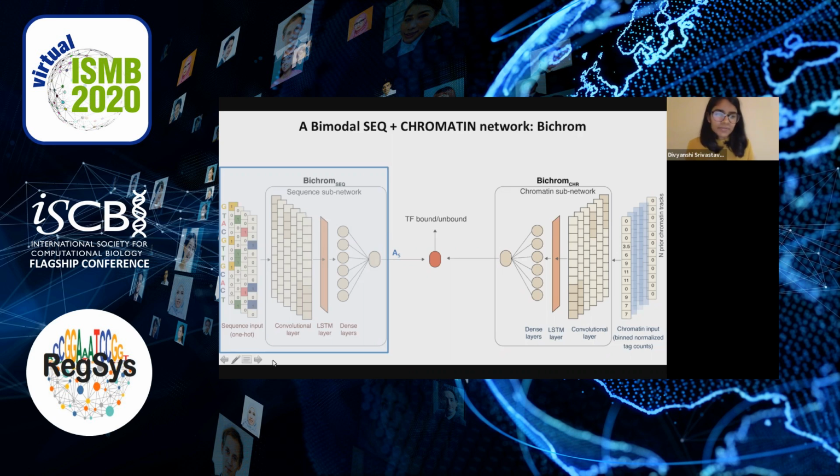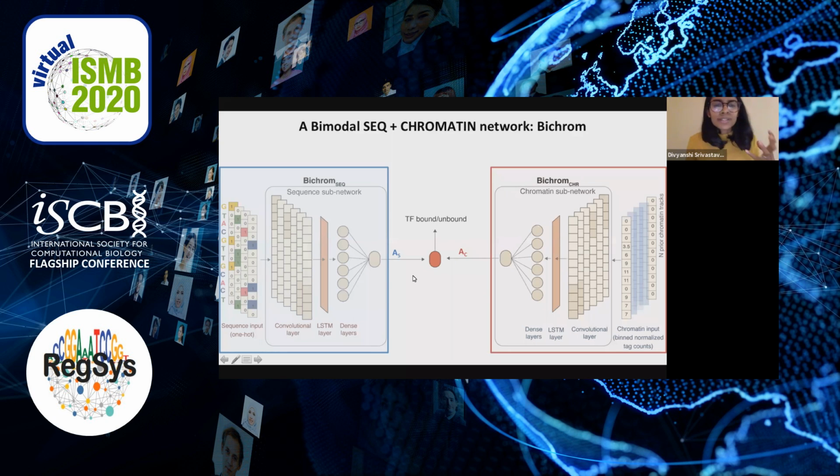The chromatin subnetwork acts fairly similarly. It uses a CNN LSTM structure. However, instead of using DNA sequences as input, it uses pre-existing chromatin data as input.